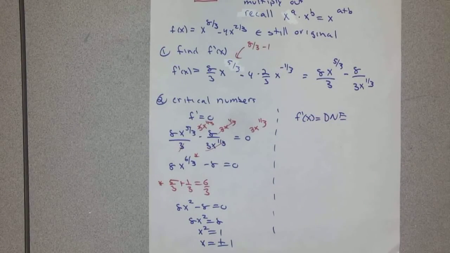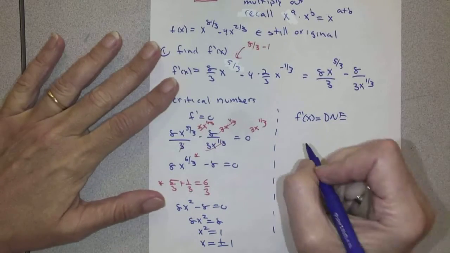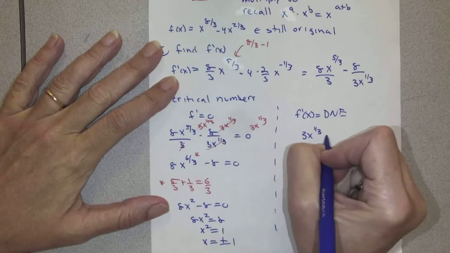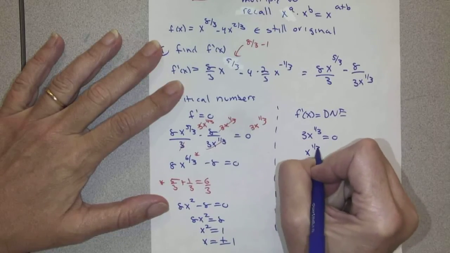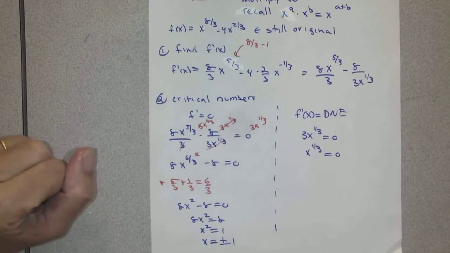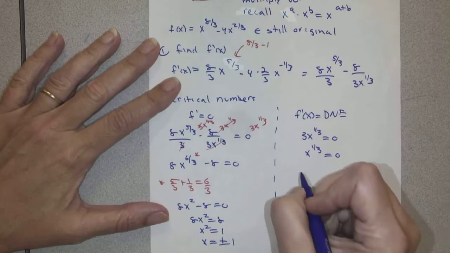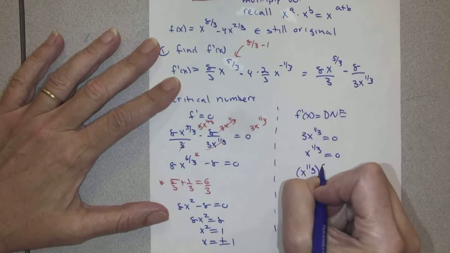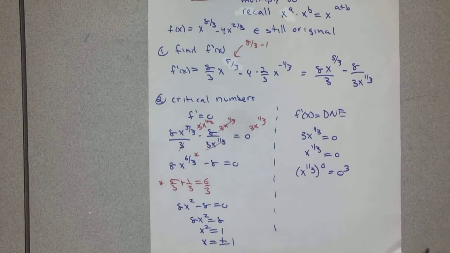where the derivative doesn't exist. My derivative involves a fraction, and so there's potential for this derivative not existing. So I look at the denominator that has an x in it, set that equal to 0. Cube both sides.